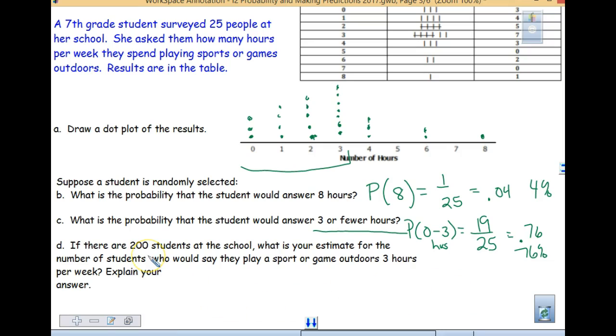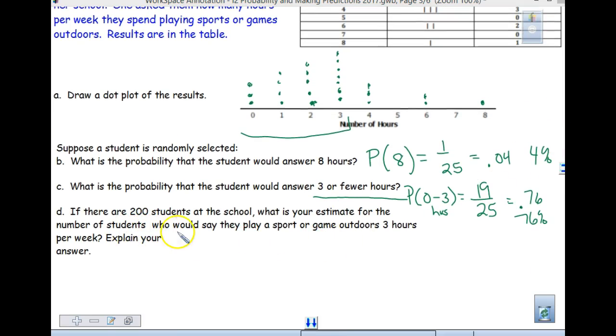The last one says, okay, there's 200 people at our school. What is your estimate for the number of students that would say they play sports or games outside for 3 hours per week? So, we're thinking, first off, what's our probability of 3? It was 7 people, right, out of 25. But now we're looking out of 200.